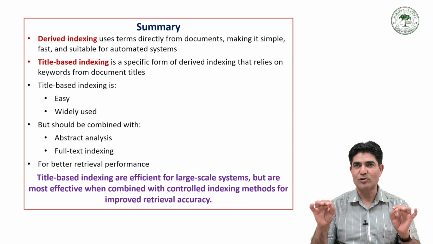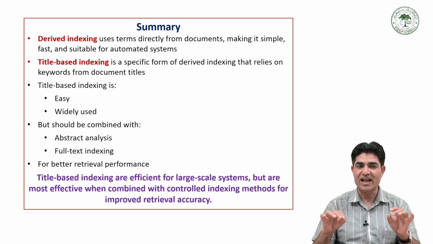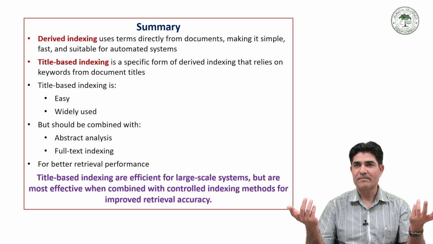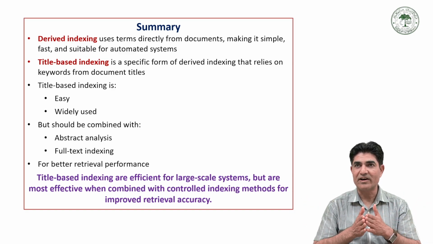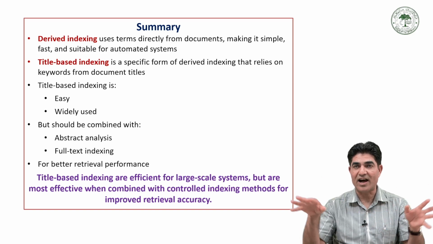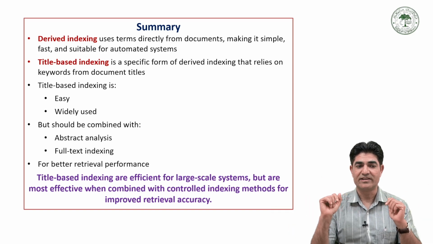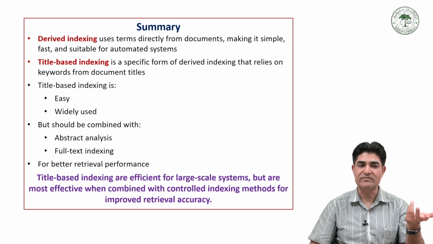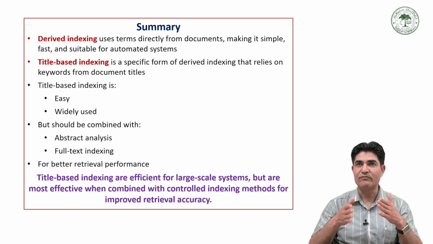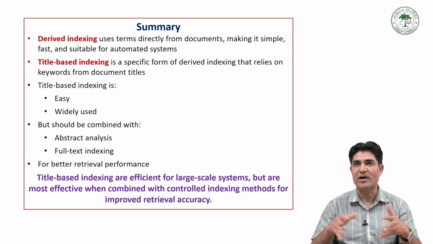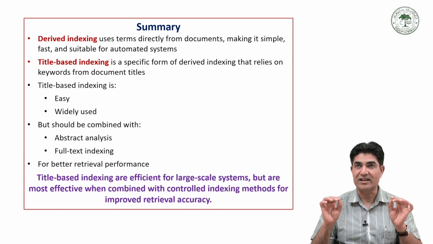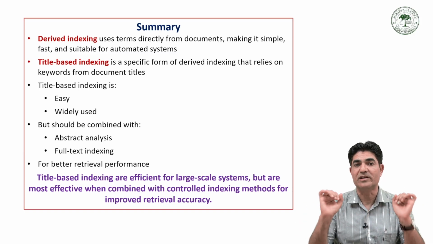We can also analyze the keywords which appear in the abstract as well as in the full text, so that we can cover comprehensive aspects and represent the different aspects discussed in the document. So for better retrieval performance, we need to extract keywords not only from the titles but from other parts of the document, so that actual representation is possible.